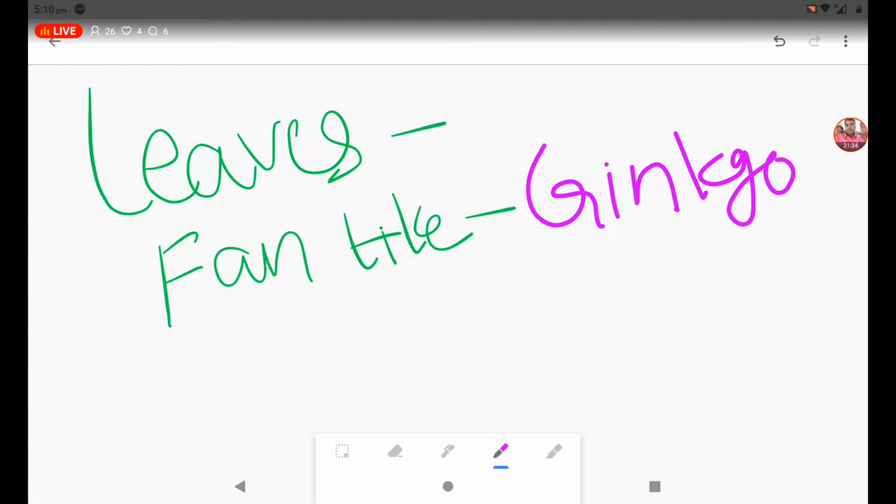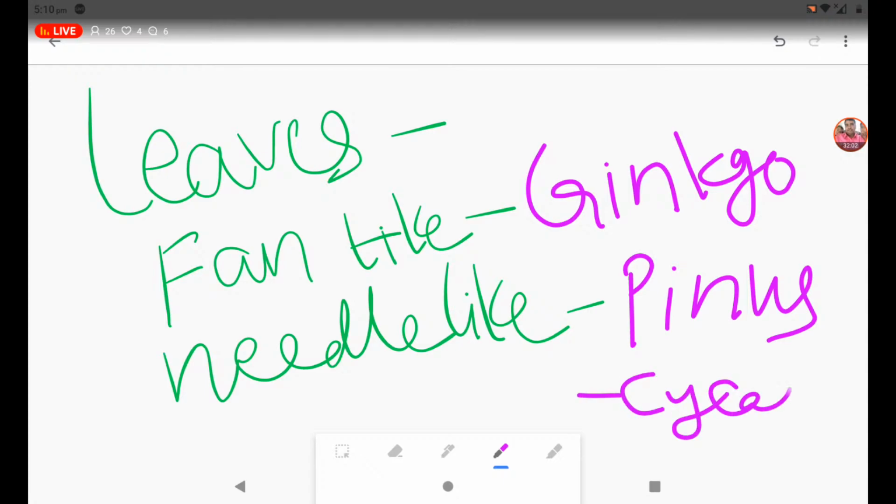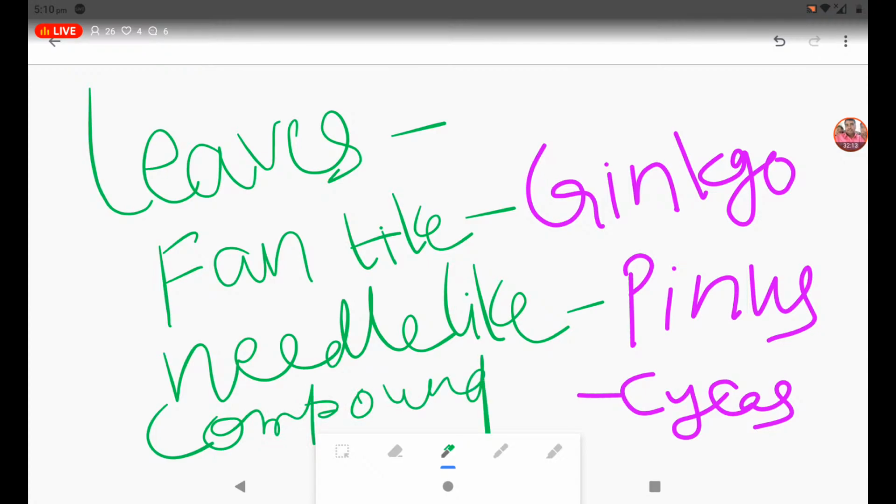Pinus has needle-like leaves. And a pinnately compound leaf is present in Cycas. So regarding the leaves, we have completed the compound leaf.